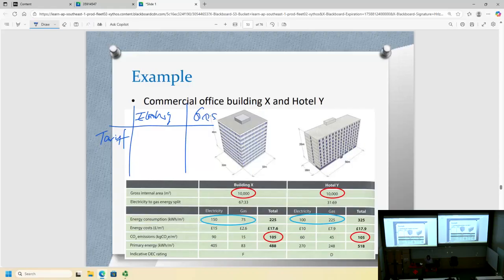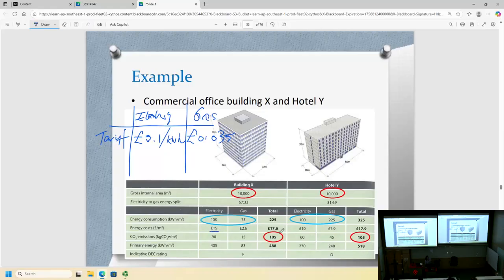The tariff for electricity is assumed to be 0.1 pound for every kilowatt hour. And that for gas is 0.035.